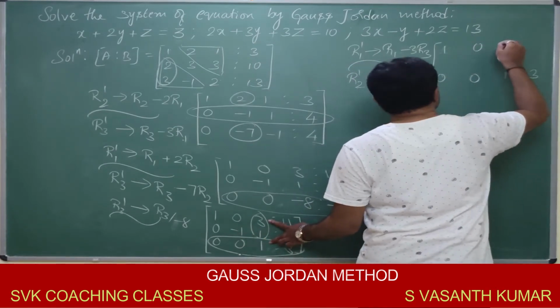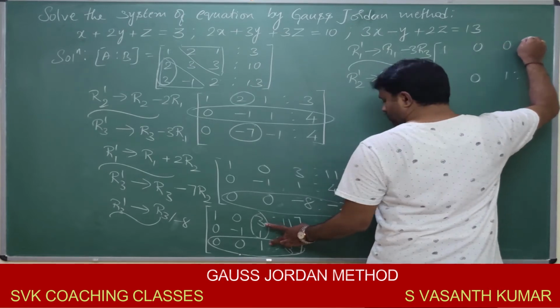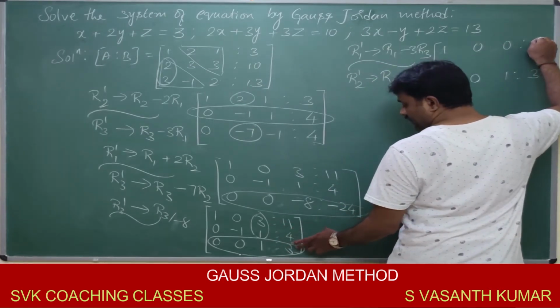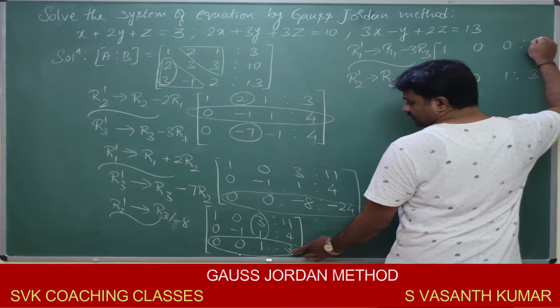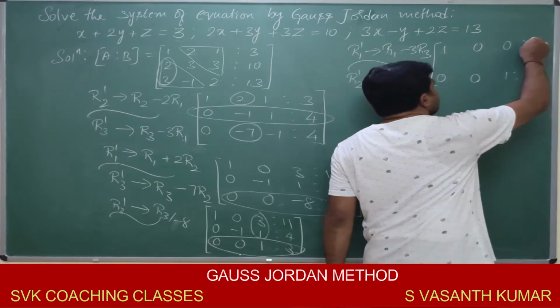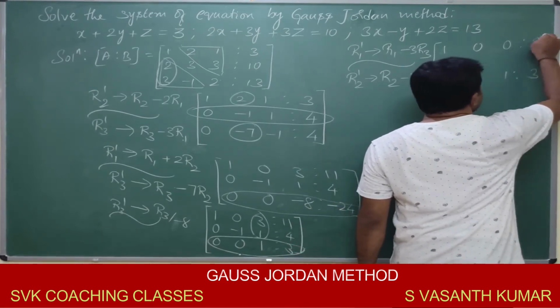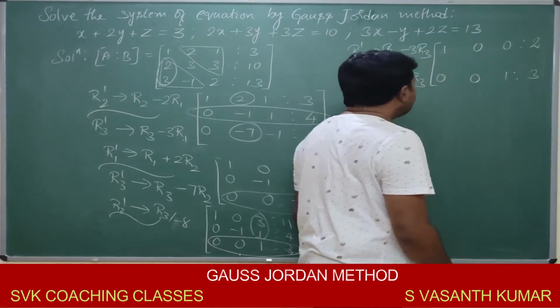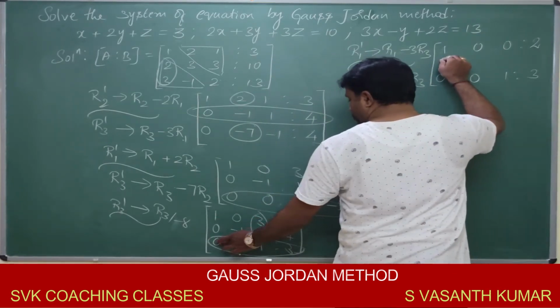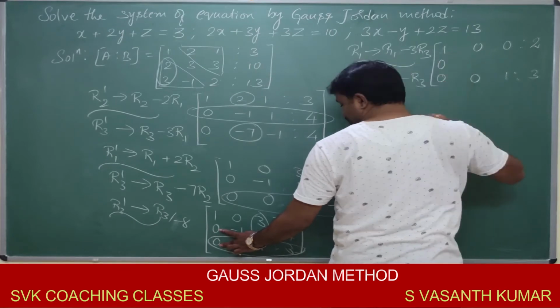Next, 3 minus 3 is 0. Multiplying this value by 3, 3 3s are 9, and 11 minus 9 is 2. Next, the second row, 0 plus 0 is always 0.